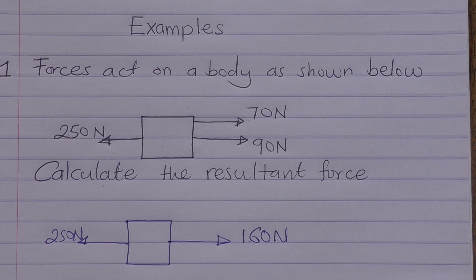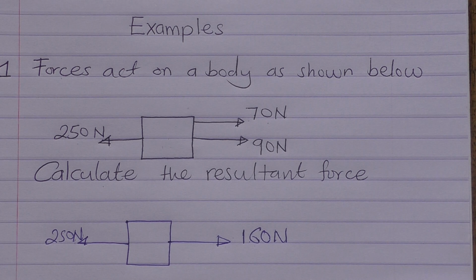O-level physics calculations on forces. In the first part, we looked at the three cases of getting the resultant force acting on a body. Therefore, in this second part, we shall be looking at how we apply the knowledge we acquired in the first part.